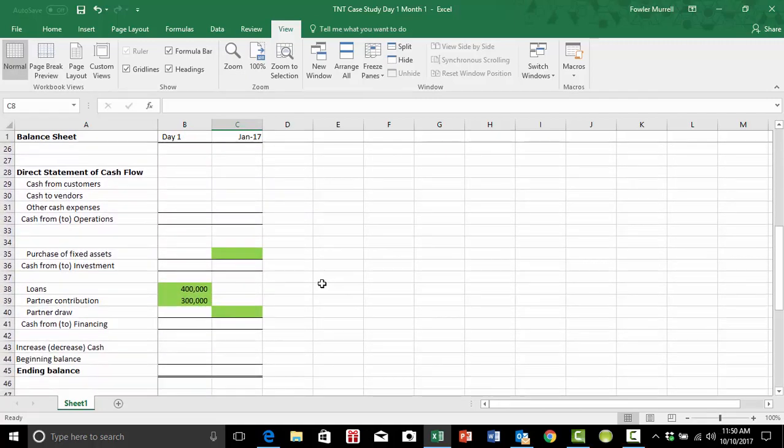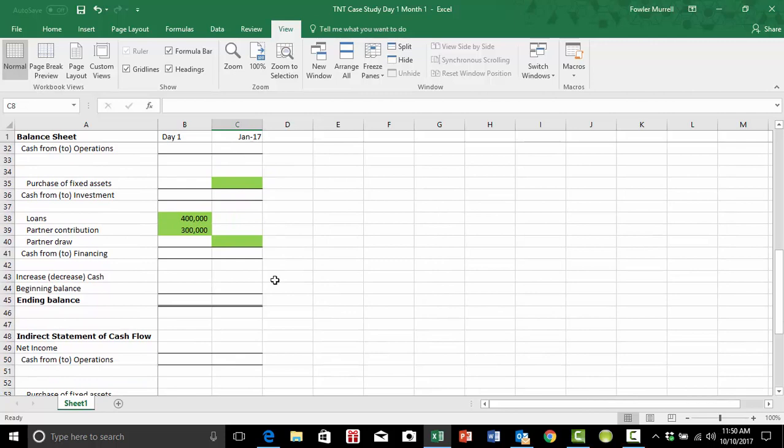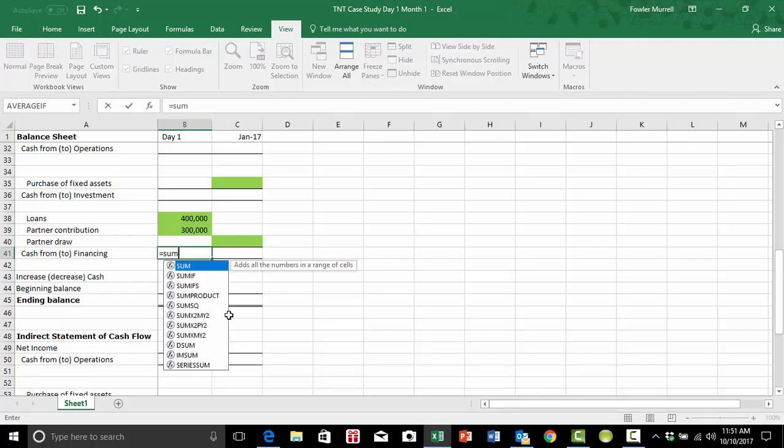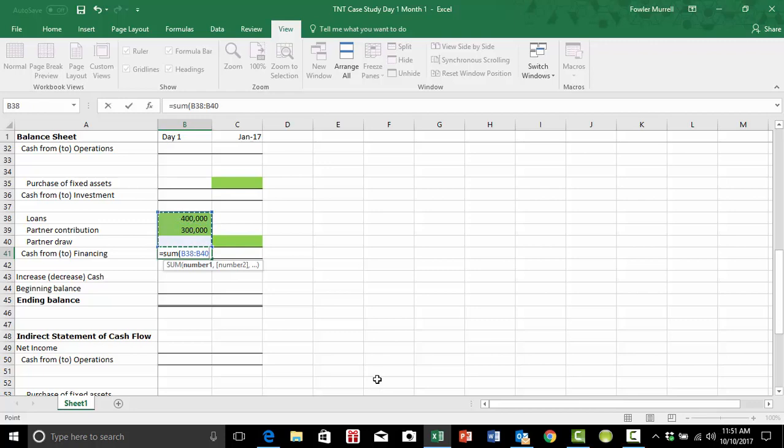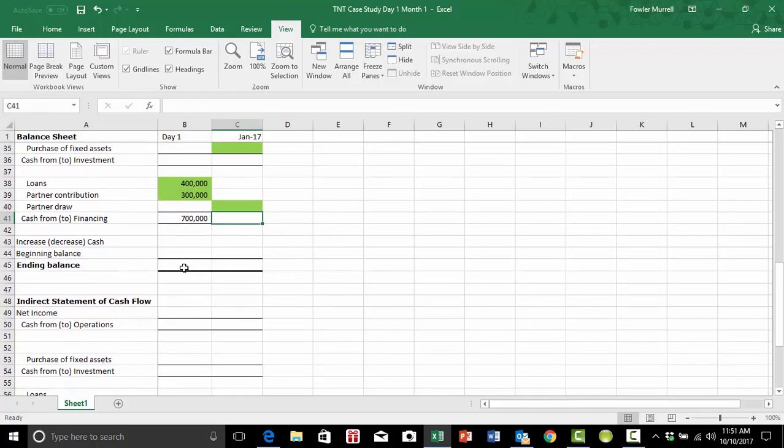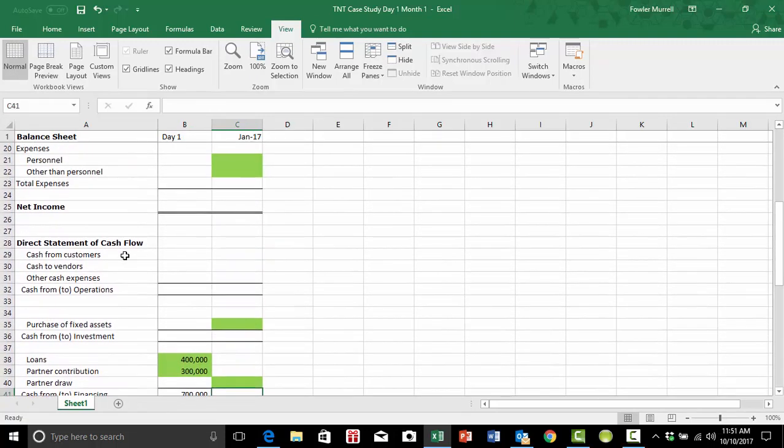Okay. So we've made our entry, and now we can complete the day 1 direct statement of cash flow. We can total this up. We want to have this work the right way from the beginning, so we make a total here, 700,000. The other parts of the cash flow statement are not active in day 1.